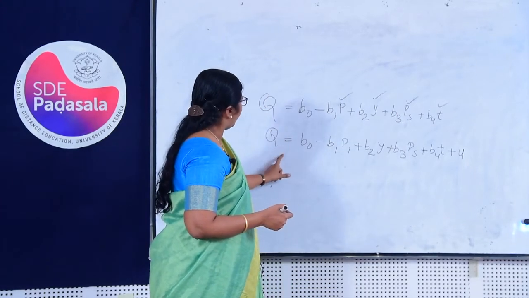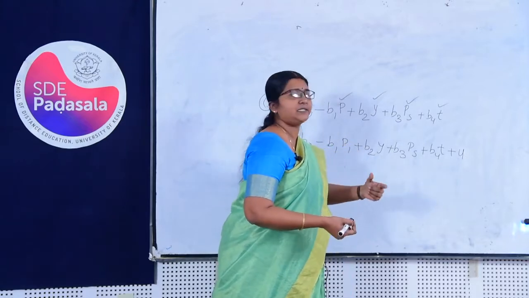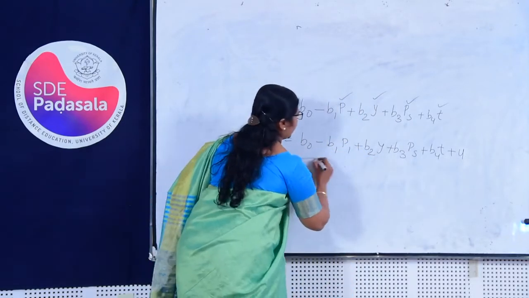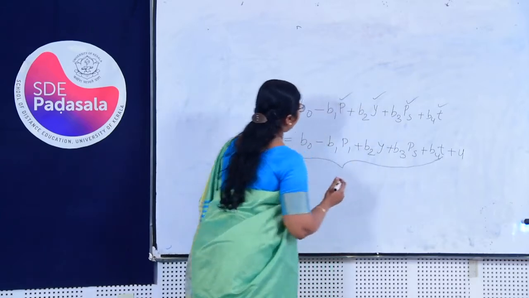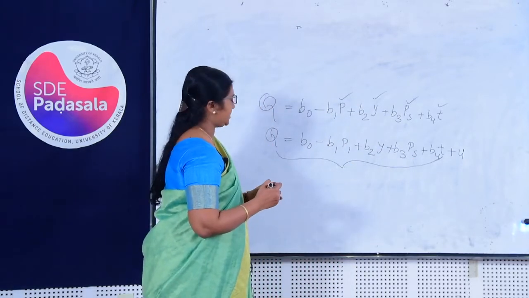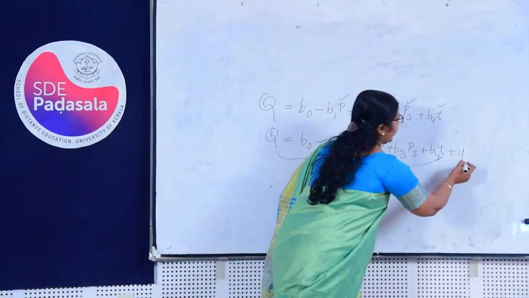However, in the econometric model, we have included a random term or a stochastic term which is represented by U. Here, this portion shows the exact relationship or deterministic relationship between Q and these variables. This is the stochastic term.